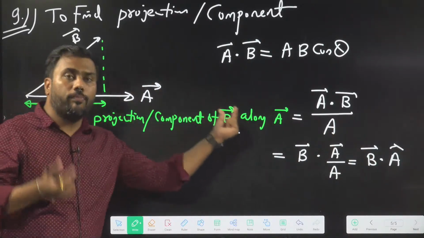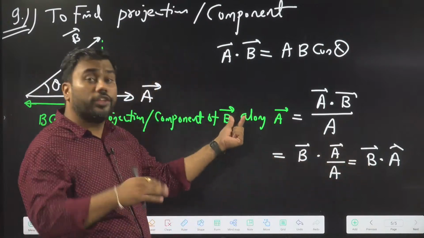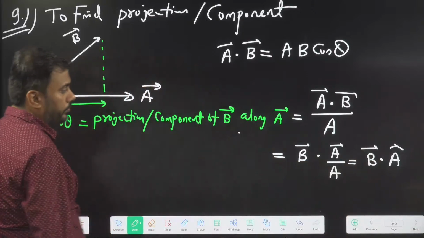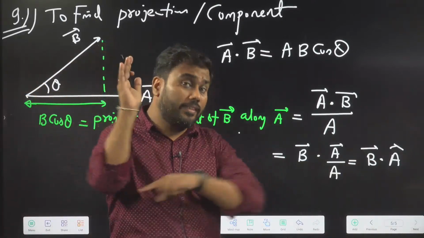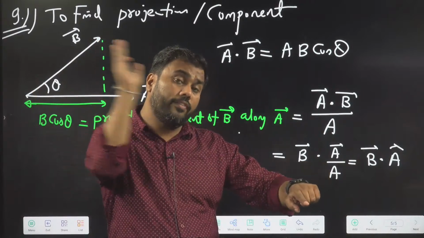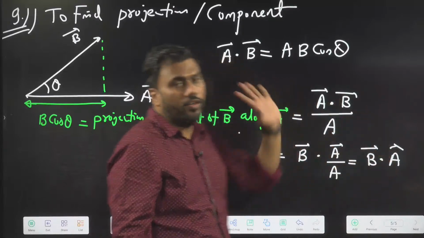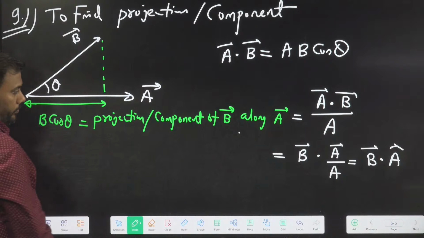I want projection of B in direction of A, I will multiply that with A cap. Simple. If you want projection of any vector in some direction, multiply the vector with the unit vector of that direction. This is how we find projection.